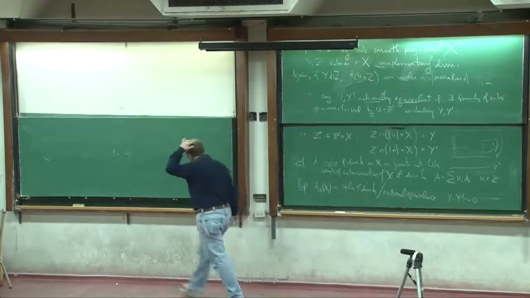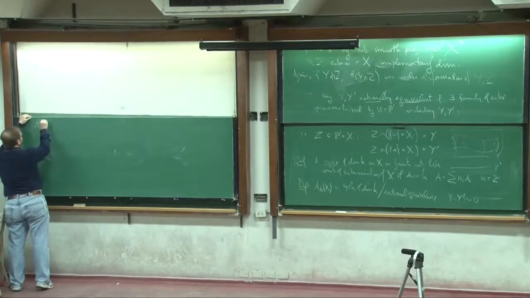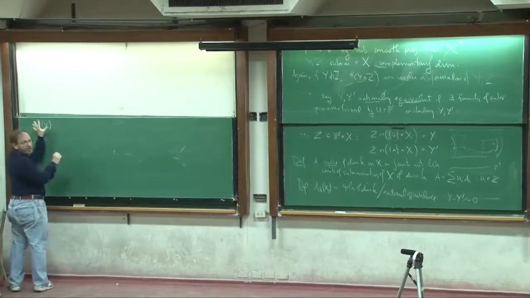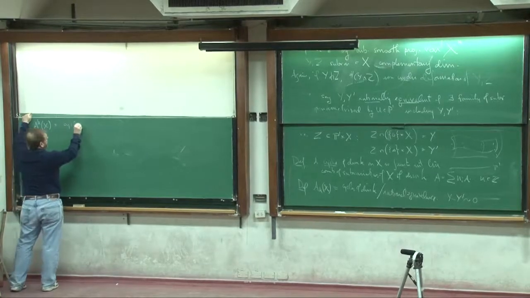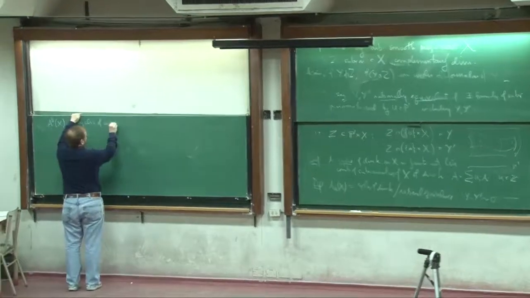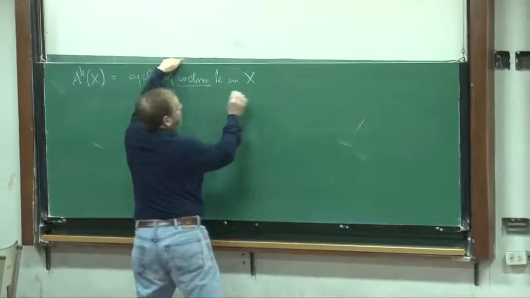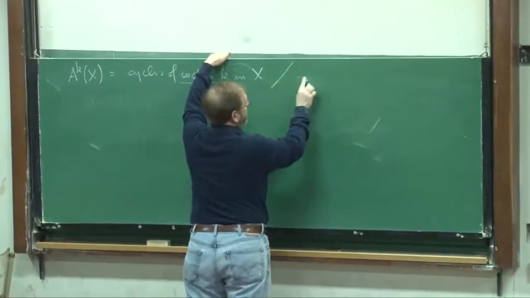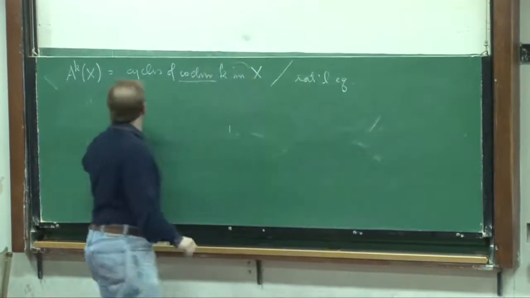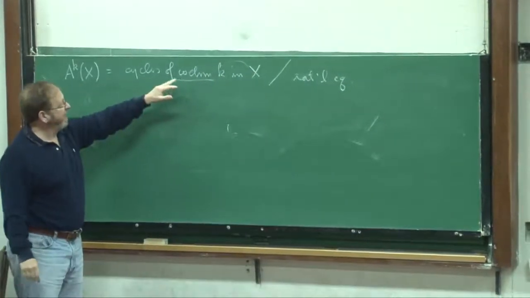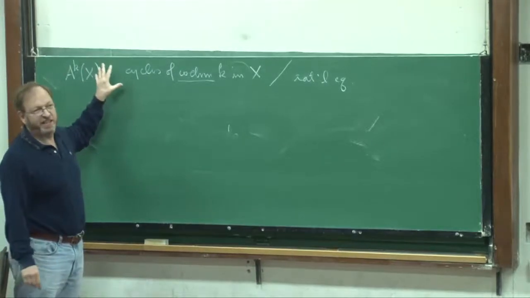It's also common to write A^K of X. And this is really just the same object, just indexed differently. These are the cycles of codimension K in X, so that's codimension, again, mod rational equivalence. All right? And so all I've done is move the subscript and superscript and change the indexing.